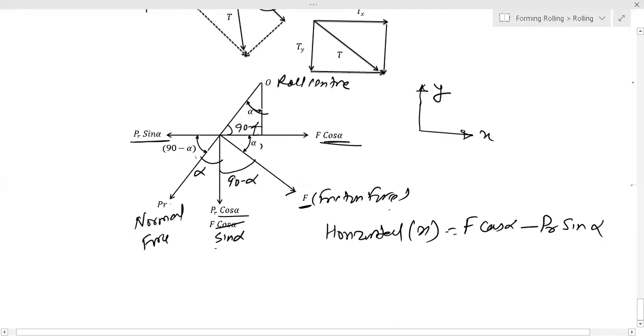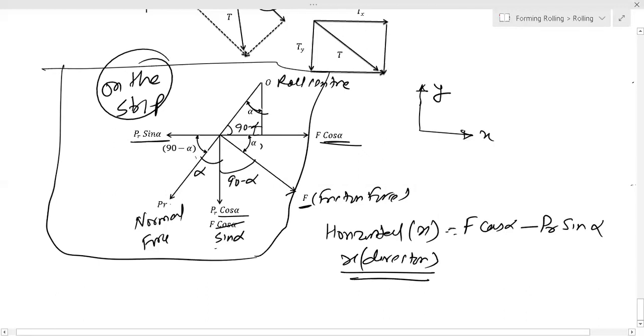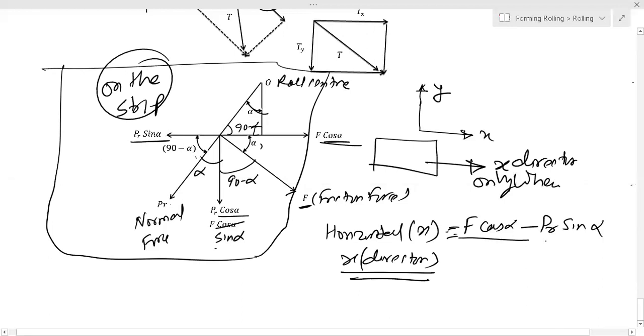So this is the force in the x direction, on the strip. Now this strip will move in the x direction only when this horizontal force is greater than or equal to 0.